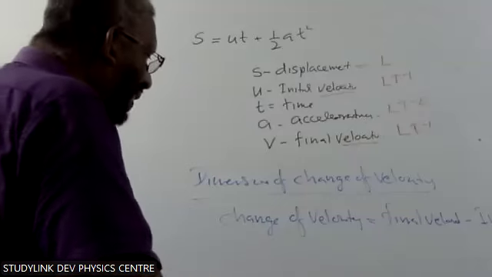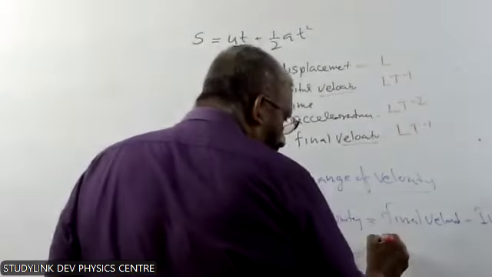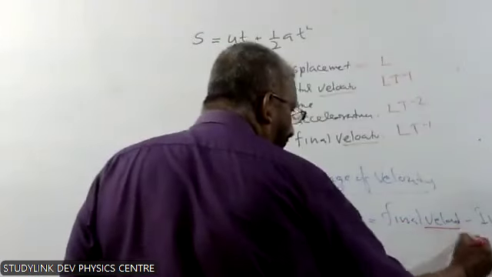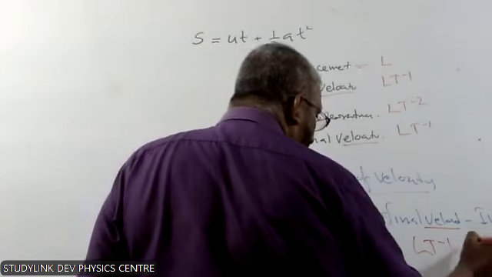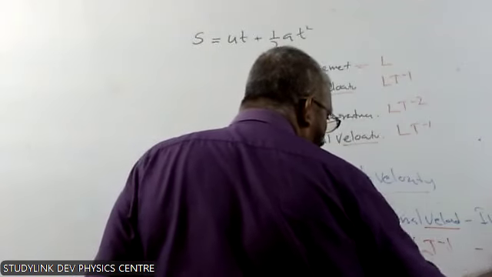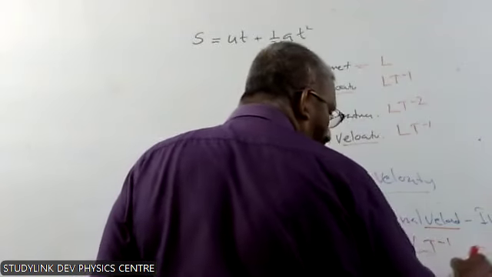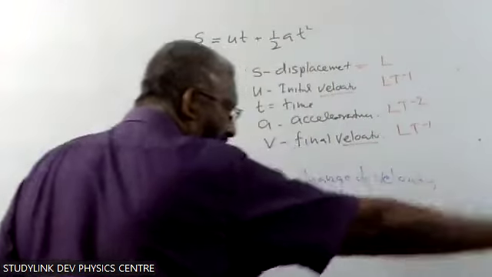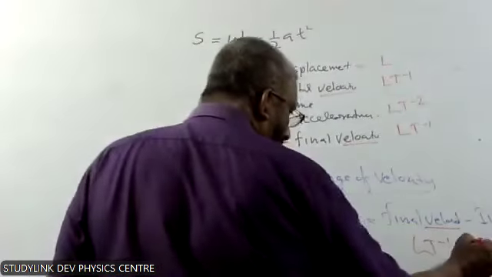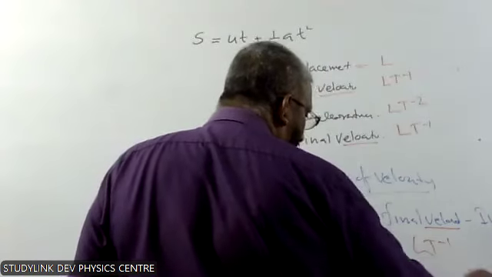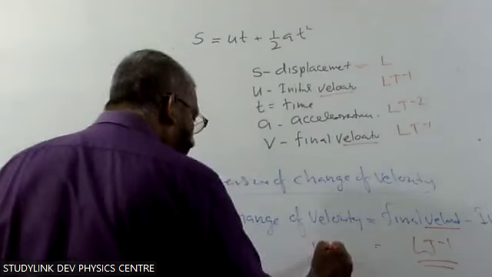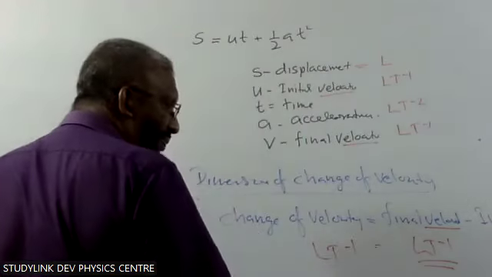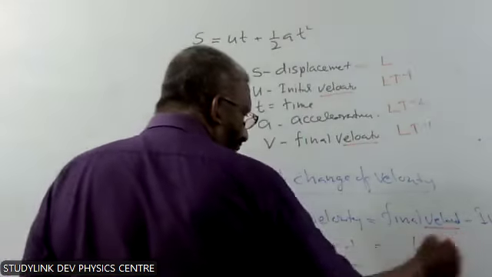Final velocity minus initial velocity. Now, final velocity, anyhow this is velocity. This is velocity. So L T minus 1, here also L T minus 1. Never consider L T minus 1 minus L T minus 1 as zero. No. Just keep it like that. Here the difference is also the same, L T minus 1.